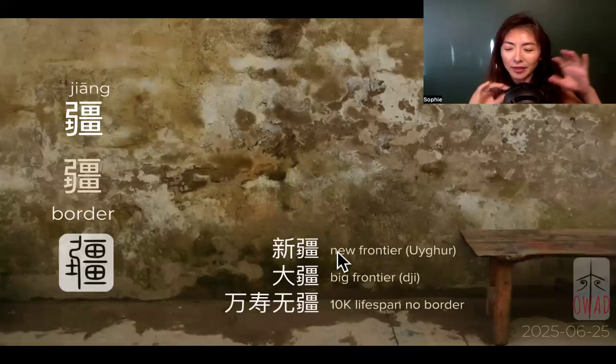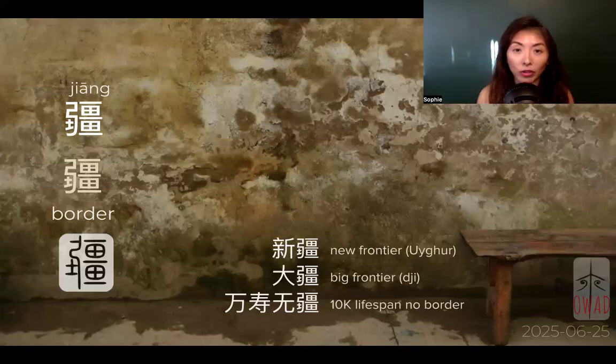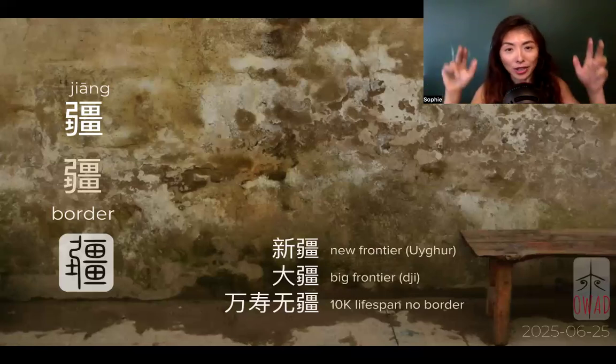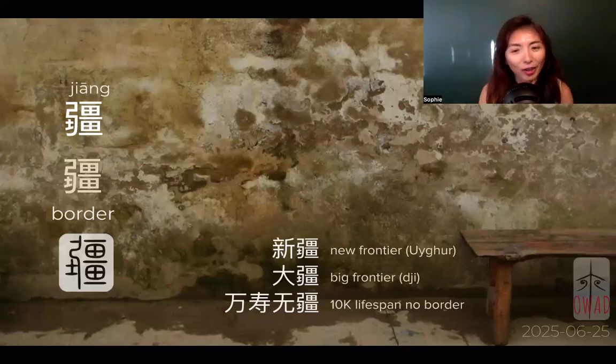Xinjiang is a later incorporated new piece of land to the Chinese center, because it's a totally different culture, different people who look different as well, and they have their own language. So it's almost like incorporating another country into the Chinese map to make the chicken or rooster look of today. That's how Chinese call the Uyghur region new frontier.